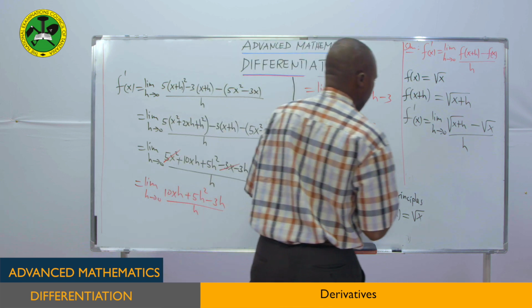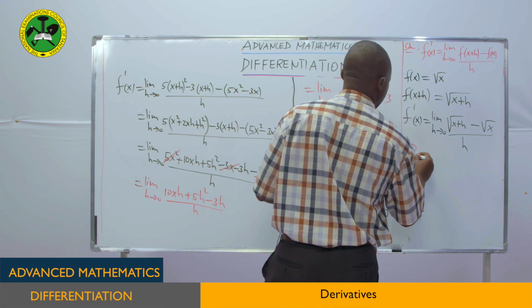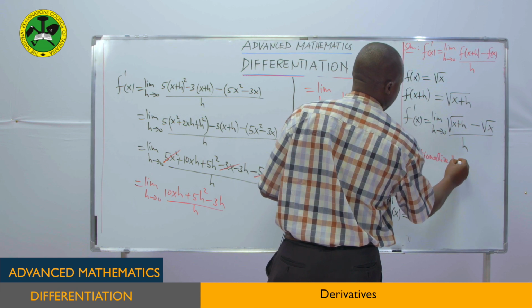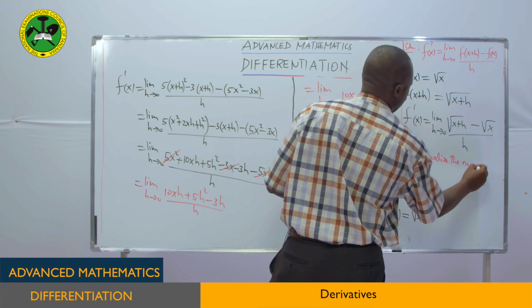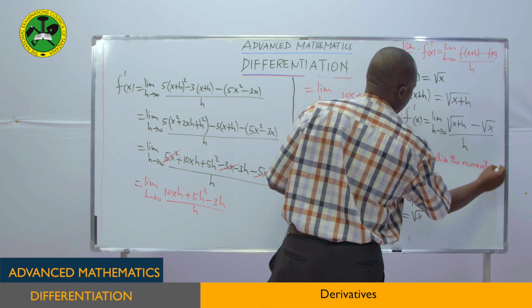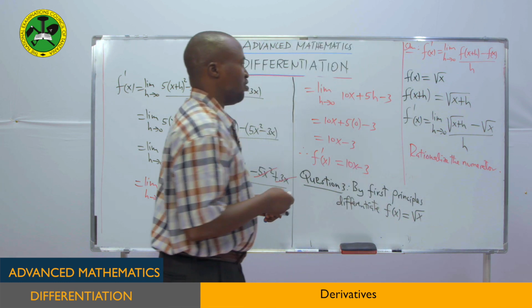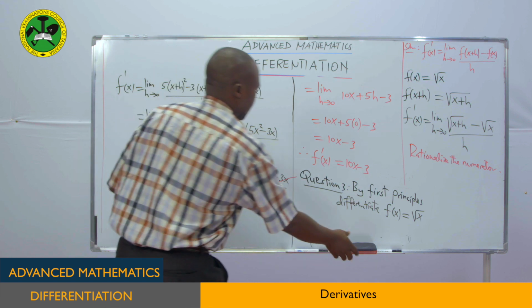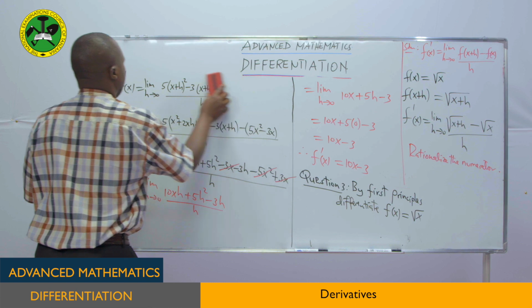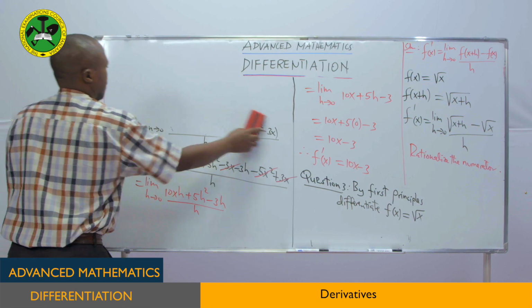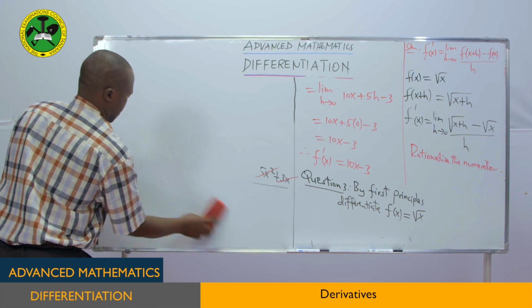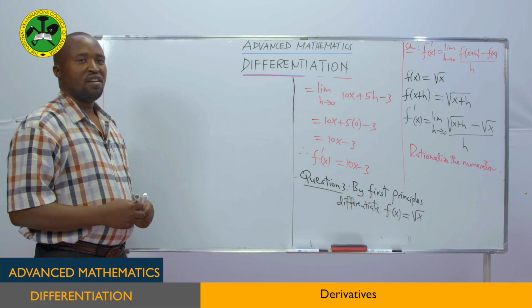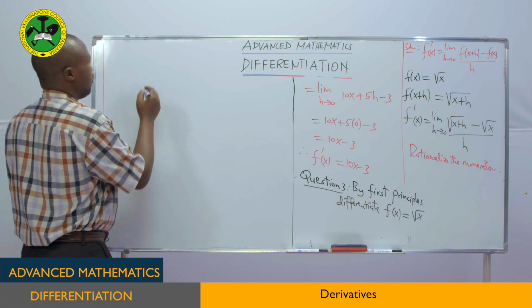So here we say rationalize the numerator. So to find the rationalizing factor, the rationalizing factor will be as follows.